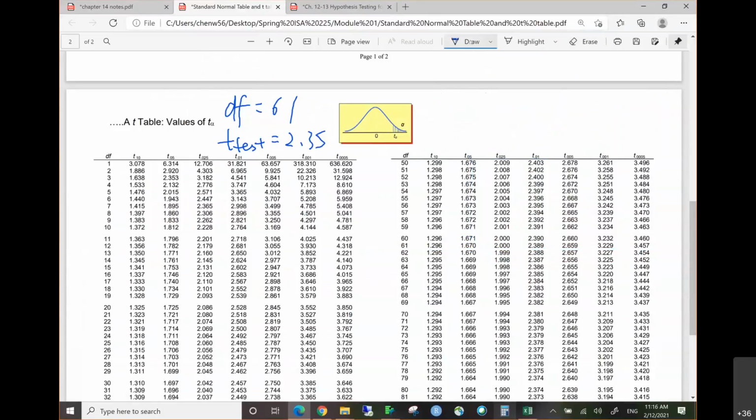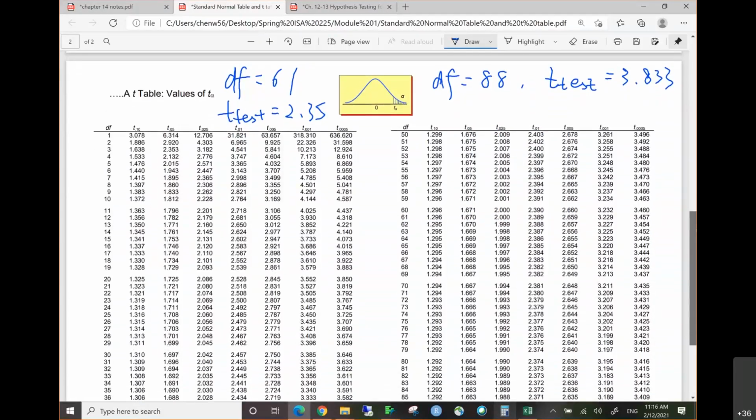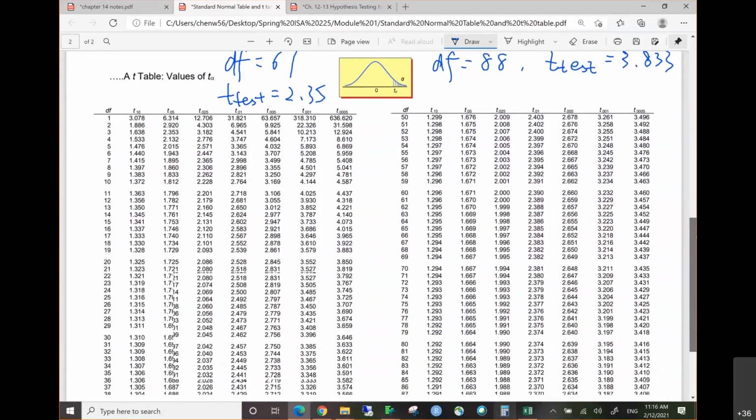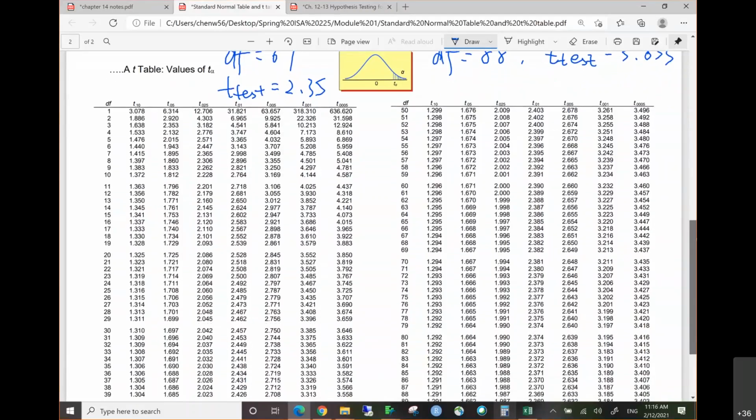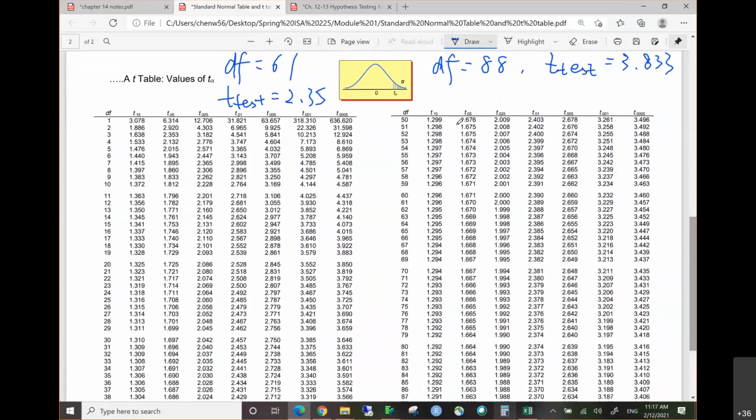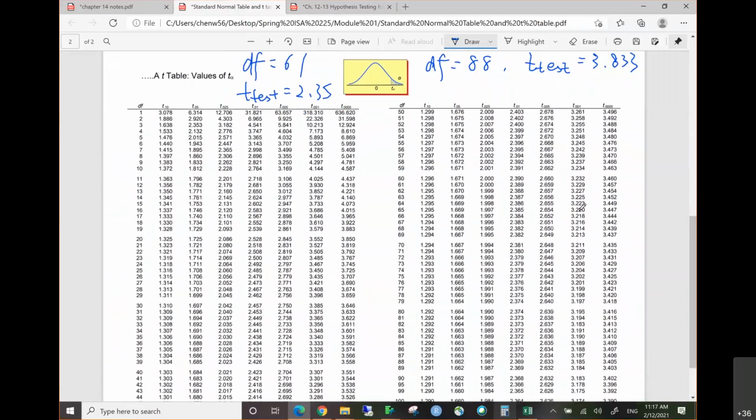Right. So we say our degree of freedom now is 88. We have our t-test statistic from the last step, 3.833. What is your p-value? Try to find it by yourself. We'll focus on the degree of freedom, 88, right?